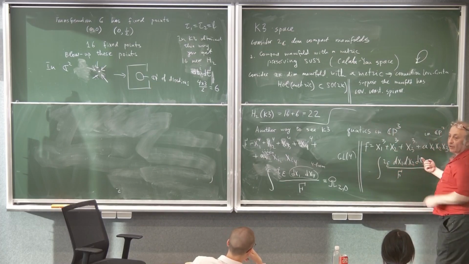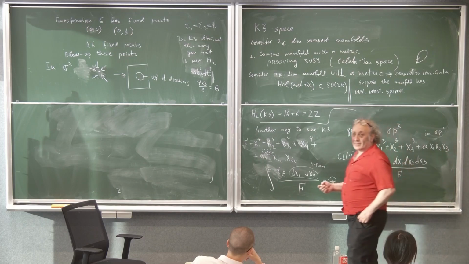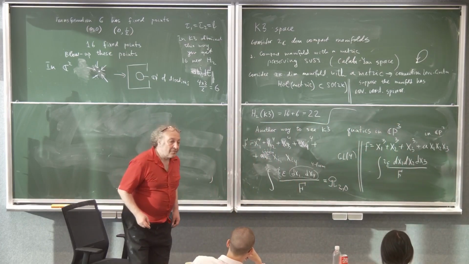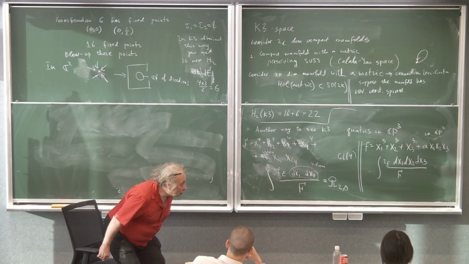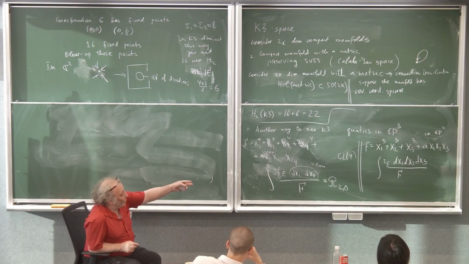Here I have a holomorphic, non-degenerate one-form. And this is a known statement that a cubic in CP2 is a torus.